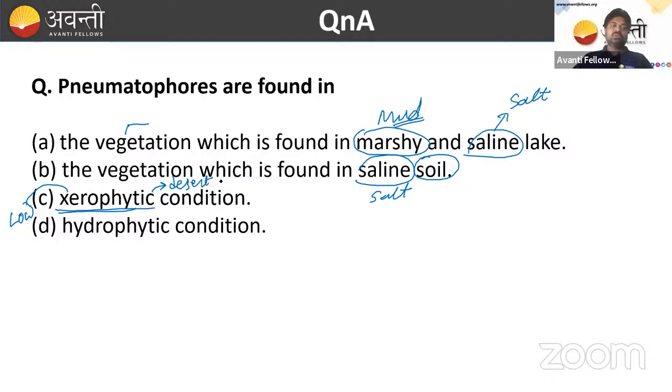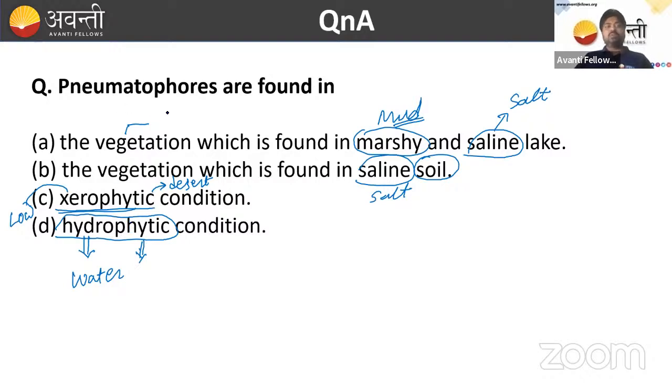You know in the desert region there is very low water content. Next is hydrophytic. Hydro means water, and it is submerged, meaning inside the water. That is known as the hydrophytic condition.